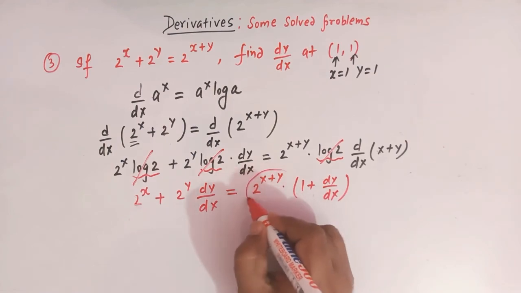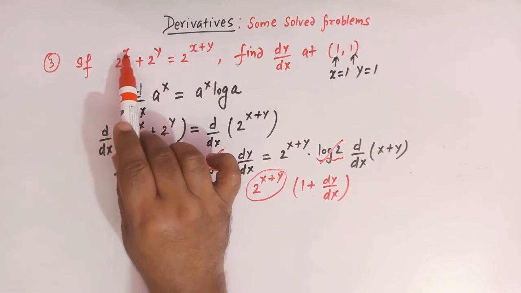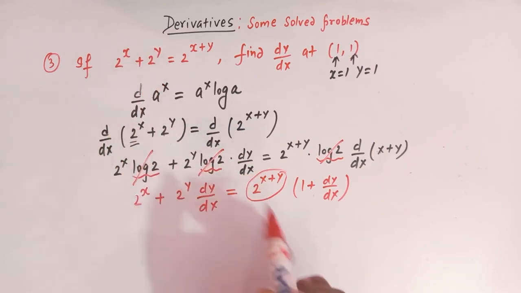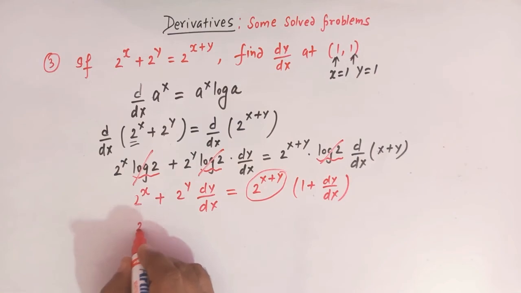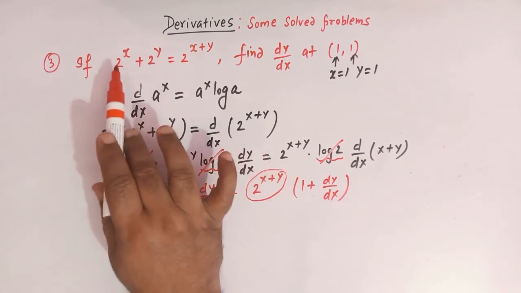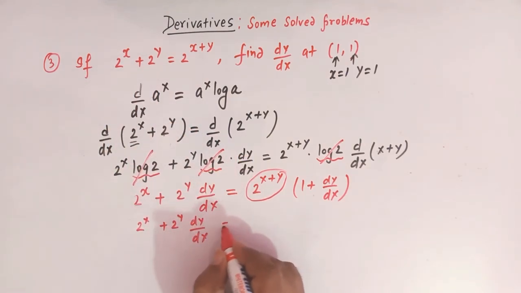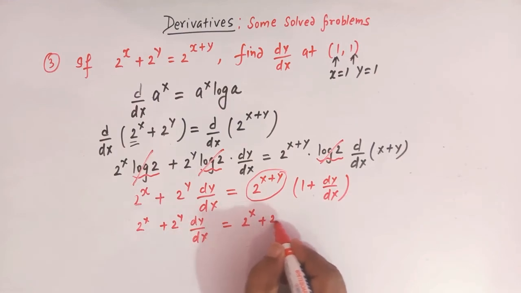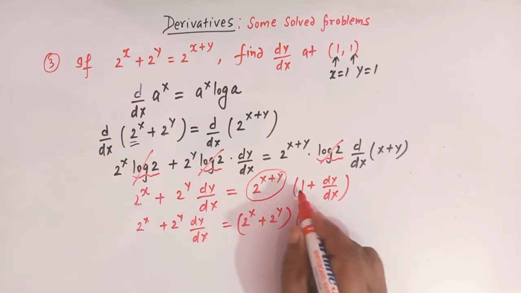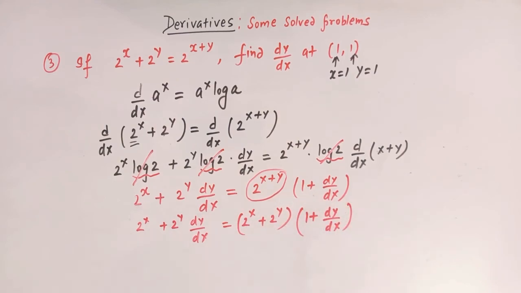Here we have 2 raised to x plus y, and 2 raised to x plus y is given as 2 raised to x plus 2 raised to y. So we can substitute the value of 2 raised to x plus y as 2 raised to x plus 2 raised to y. So we have here 2 raised to x plus 2 raised to y, and this is 1 plus dy over dx.